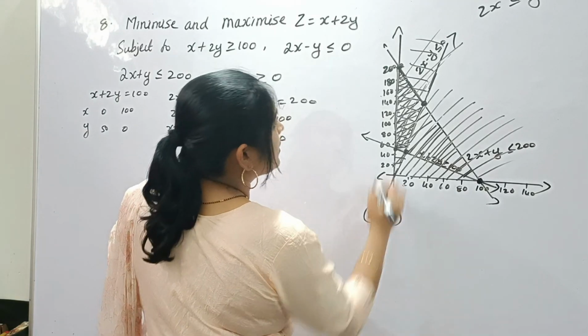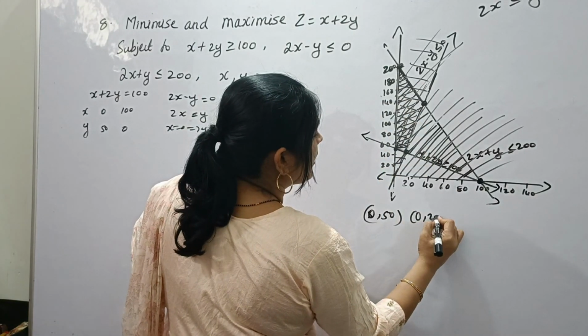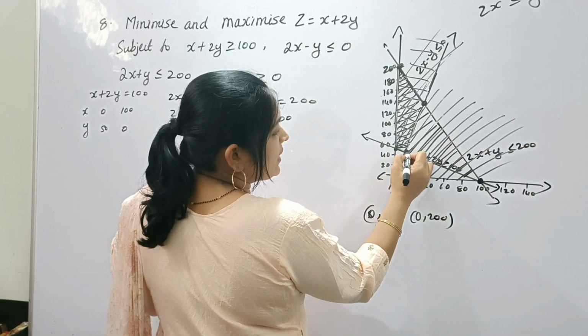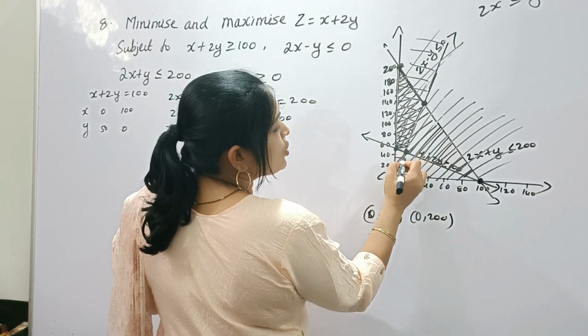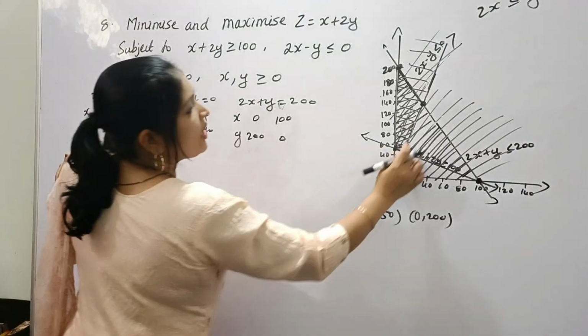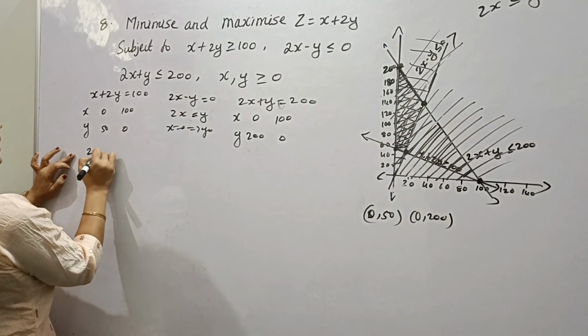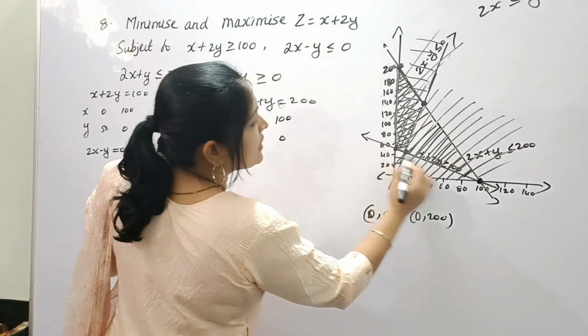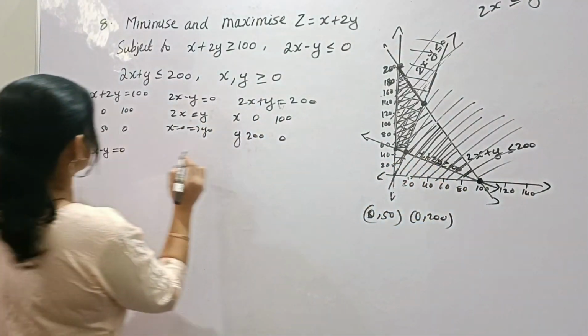0, 50, 0, 200 corner points, and we have to find these points. This point is nothing but the intersection of these two lines. Let's find: one line is 2x minus y is equal to 0, and this line x plus 2y is equal to 100.